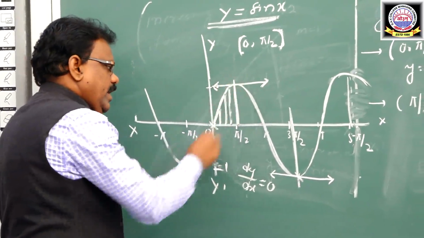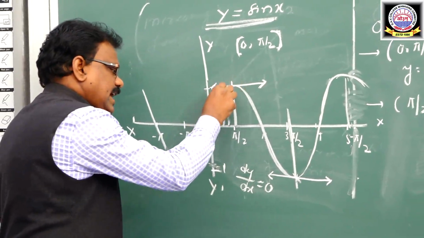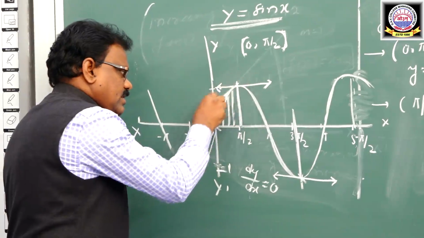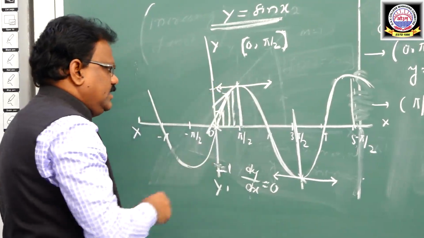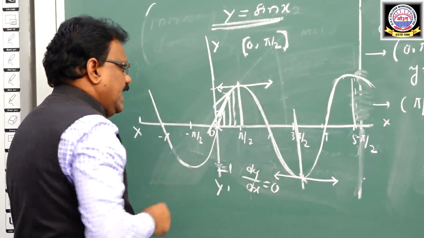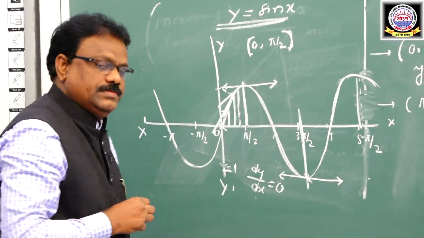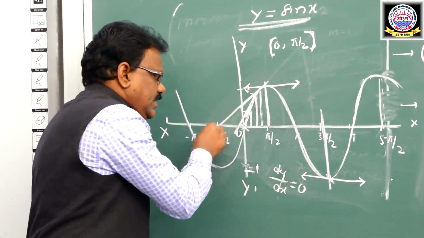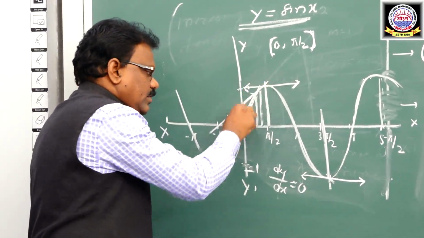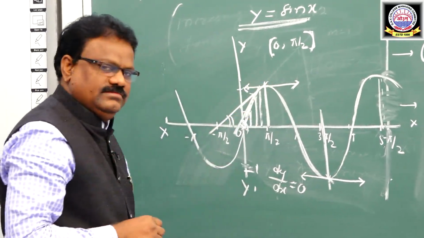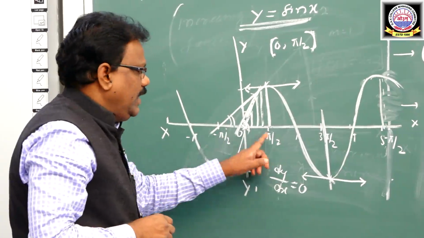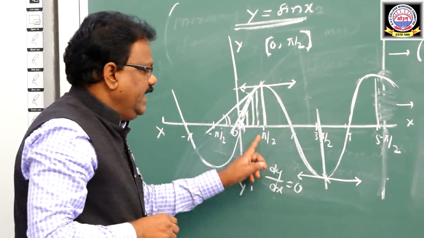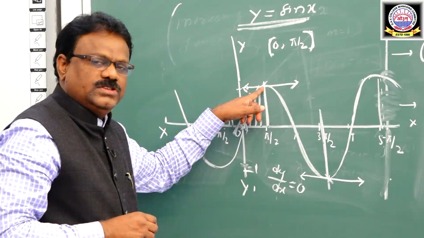So, from 0 to pi by 2, if you draw the tangent on the graph, at any point you draw the tangent, the slope must be positive. The slope is positive, because suppose I am drawing one tangent, this angle is an acute angle. So, from 0 to pi by 2, when the function is increasing, the slope is positive, and exactly at pi by 2, the slope is 0.